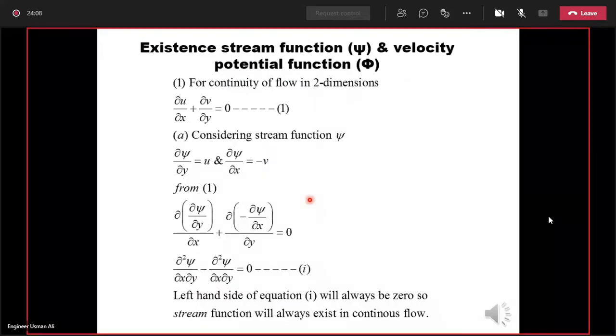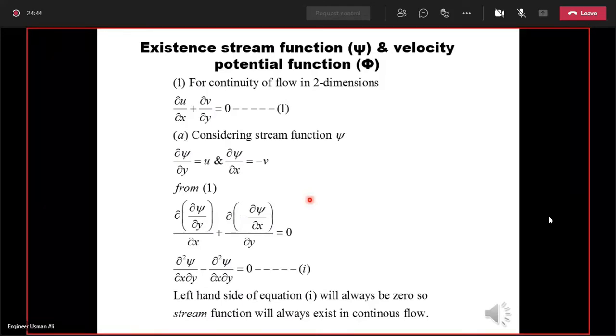Now further, we have to prove that we have actually two types of flows which have been discussed. One is the continuous flow, or continuity, another is the irrotational flow. We have to see that if a flow field satisfies continuity, will the stream function exist, or the velocity potential function exist?